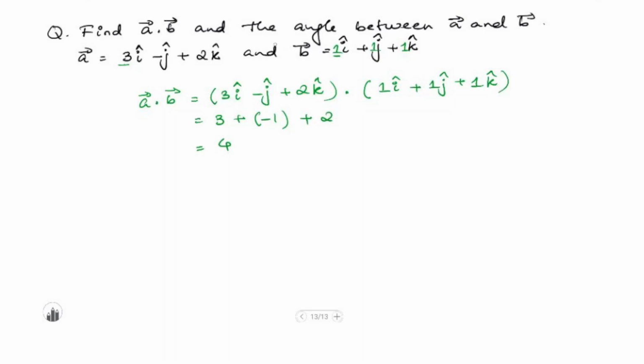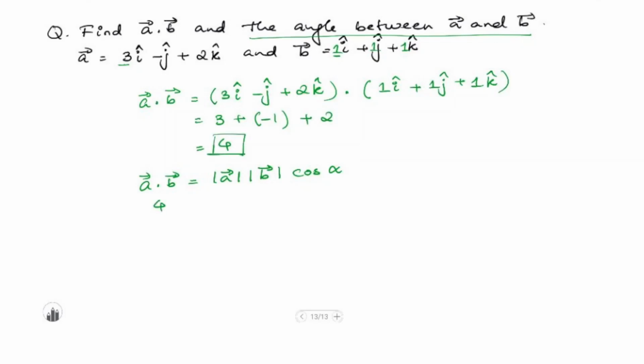However, they have also asked us to find out the angle between vector A and vector B. So we know that we have another formula that we just got. So vector A times vector B is equal to the magnitude of A times the magnitude of B cosine alpha. So we just got the result of the dot product of AB as 4.